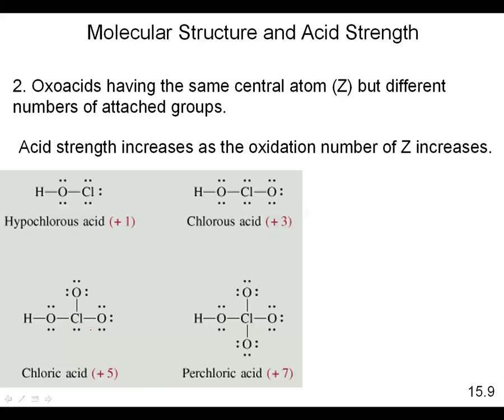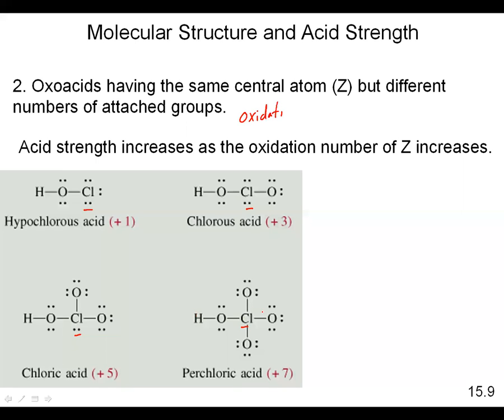So different than the acids we were just looking at, in this case everything on the outside is different, but the central atom's the same. So because the central atom's the same, you can't compare electronegativities because they're all going to obviously be the same.